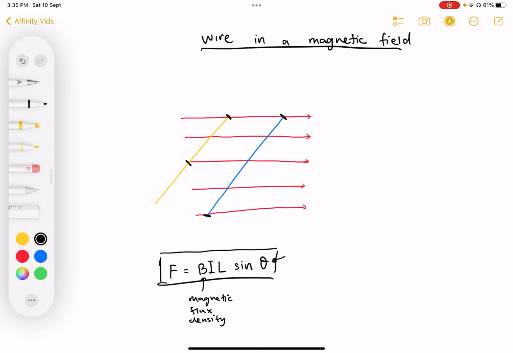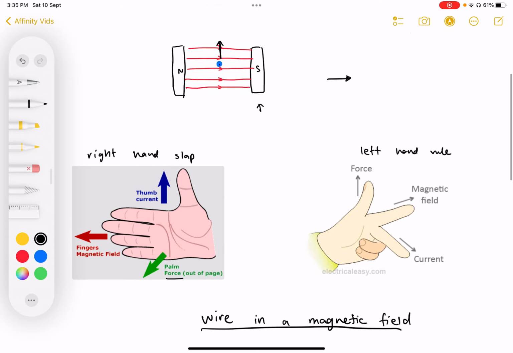Theta is the angle between the current and the magnetic field, this angle over here. Using that, we can calculate what the force on this wire is going to be due to the magnetic field. So this is going to be all for now. Hope you understand.